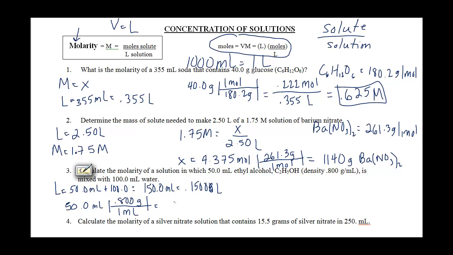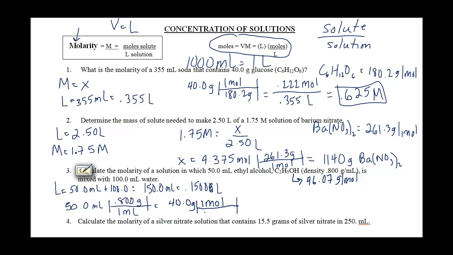So if I multiply 50 times 0.8, that tells me I have 40 grams of ethanol. Well, for ethanol I need the molar mass, and that's 46.07 grams per mole.